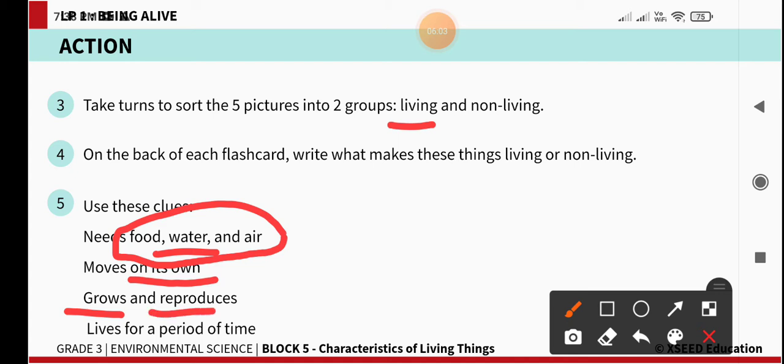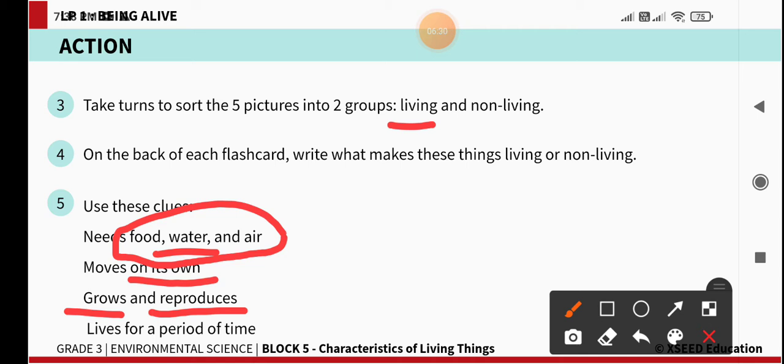And living things reproduce, which means they give birth to their own species. They can give birth to their young ones, and young ones look the same as their parents. That process is called reproduction.